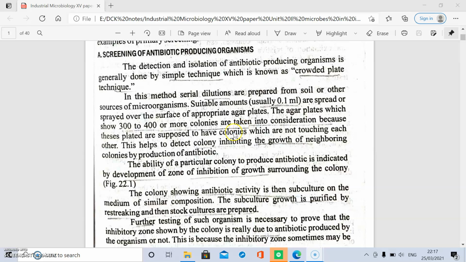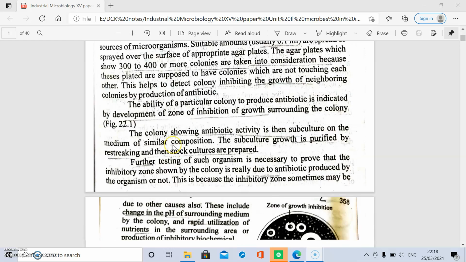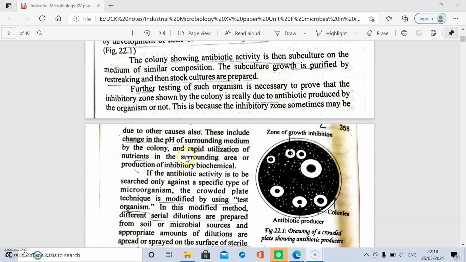In this, colonies touch neighboring colonies, which helps to detect a colony inhibiting the growth of the neighbor colony by the production of antibiotic. This antibiotic production is detected by the zone of inhibition of growth surrounding the colony.